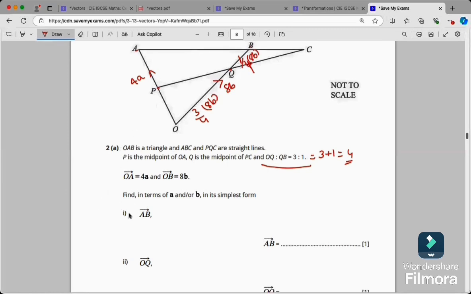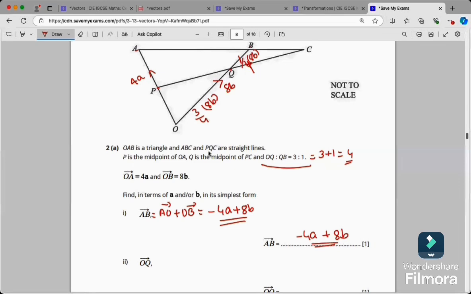Now let's find out AB. So we need to write A to O and O to B. A to O is known to us, but opposite in direction. So minus 4A plus 8B. Now OQ is on the line OB.